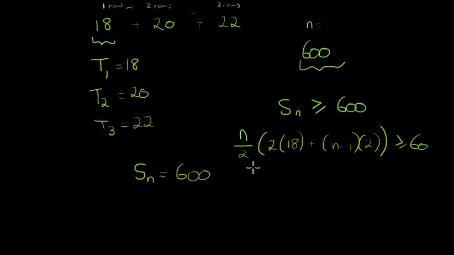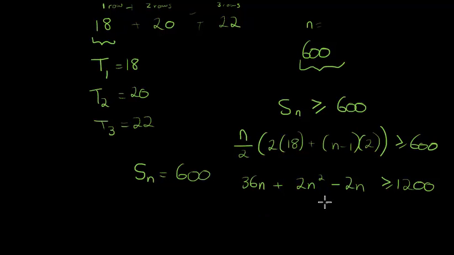Multiplying both sides by 2, I get 36n plus 2n squared minus 2n is greater or equal to 1200.